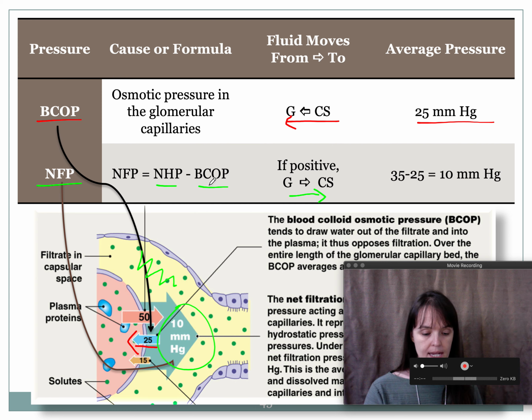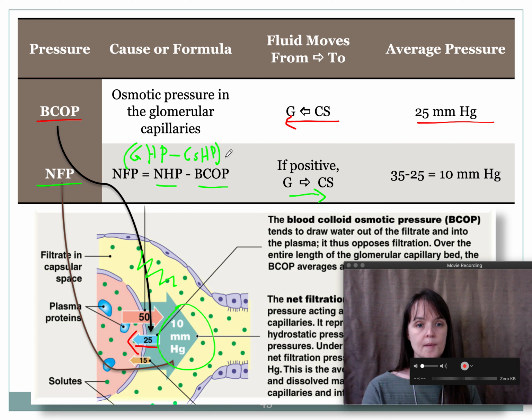So you may see this with the net hydrostatic pressure written out. You may see this as the glomerular hydrostatic pressure minus the capsular hydrostatic pressure, in parentheses, minus the blood colloid osmotic pressure.